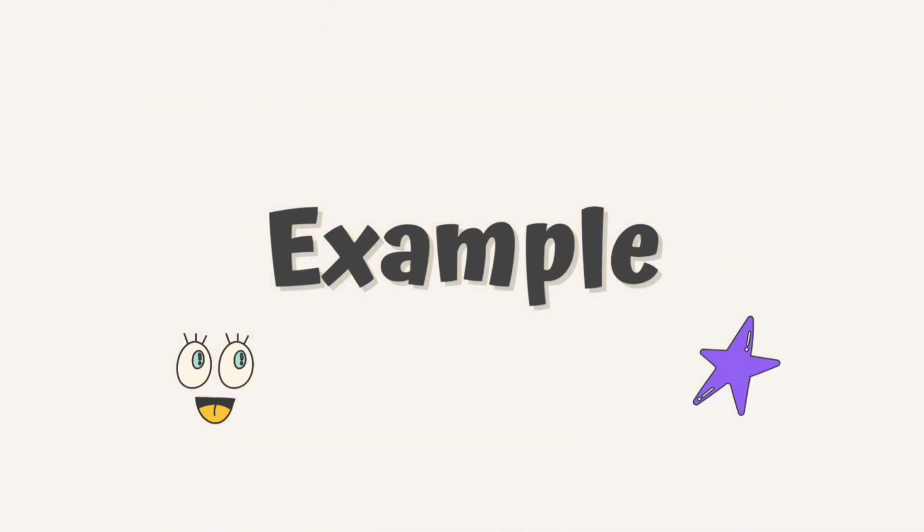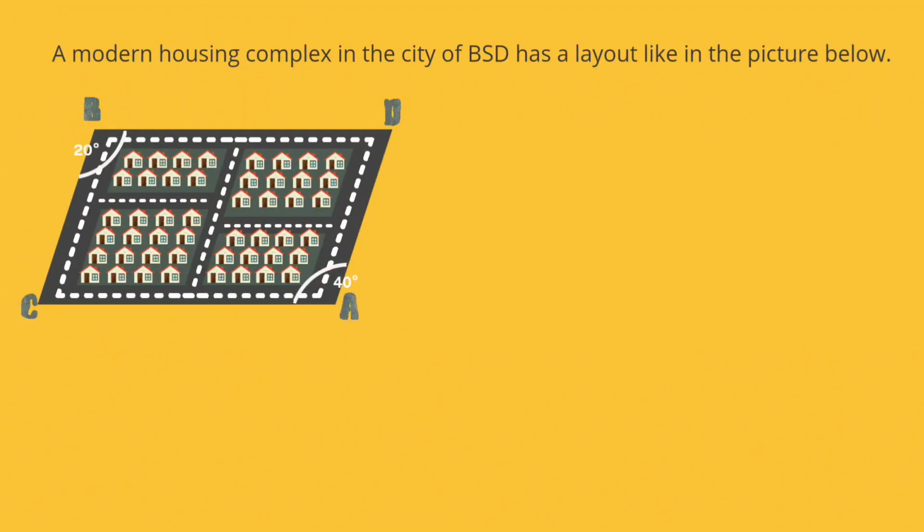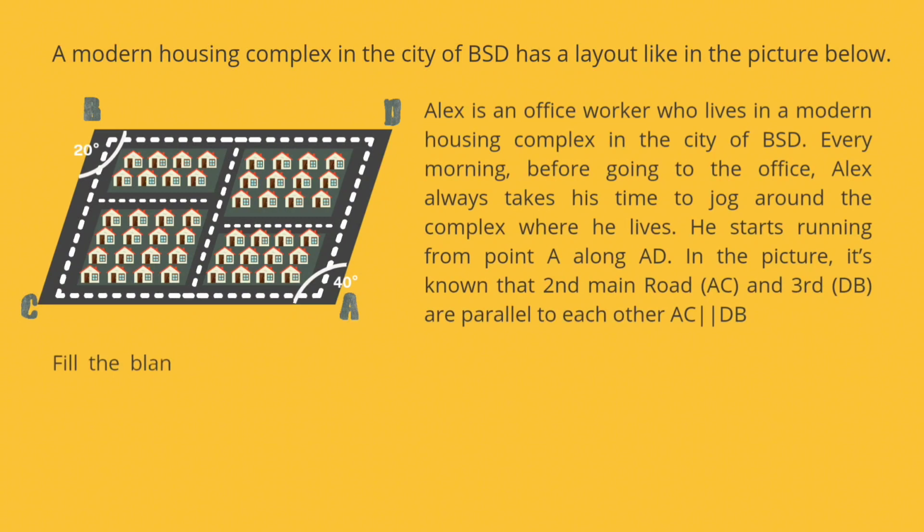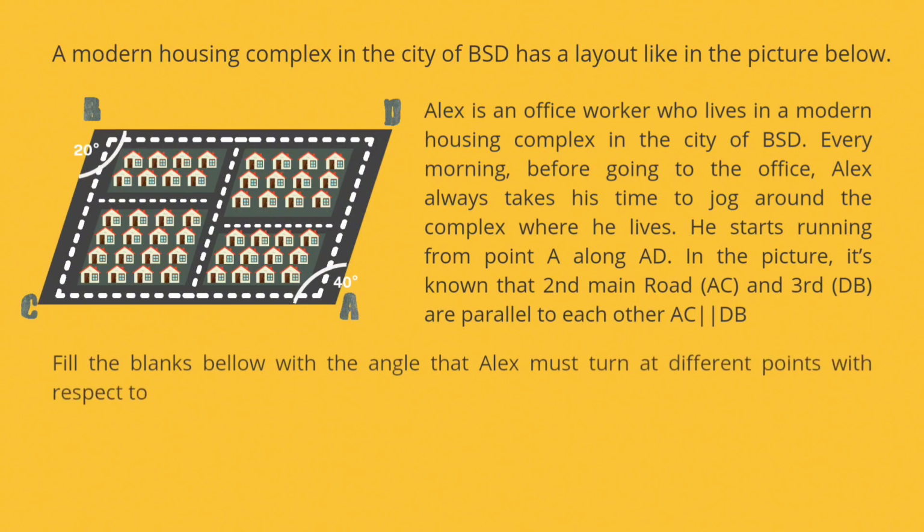A modern housing complex in the city of BSD has a layout like in the picture below. Alex is an office worker who lives in this complex. Every morning, before going to the office, Alex takes time to jog around the complex.